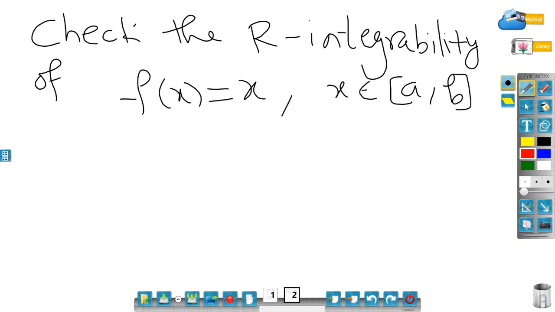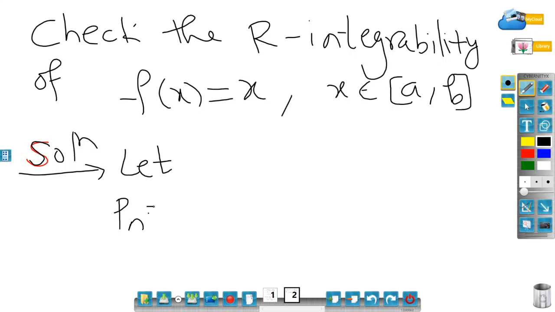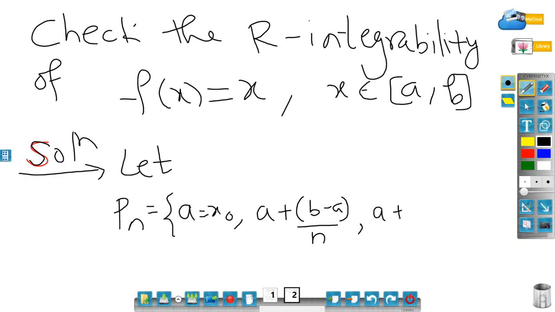So now here, let me take a partition. Solution. Let me take a partition P_n as a, which is equal to x_0, a plus (b minus a)/n, a plus 2 times (b minus a)/n, my third point will be a plus 3 times (b minus a)/n, and so on.